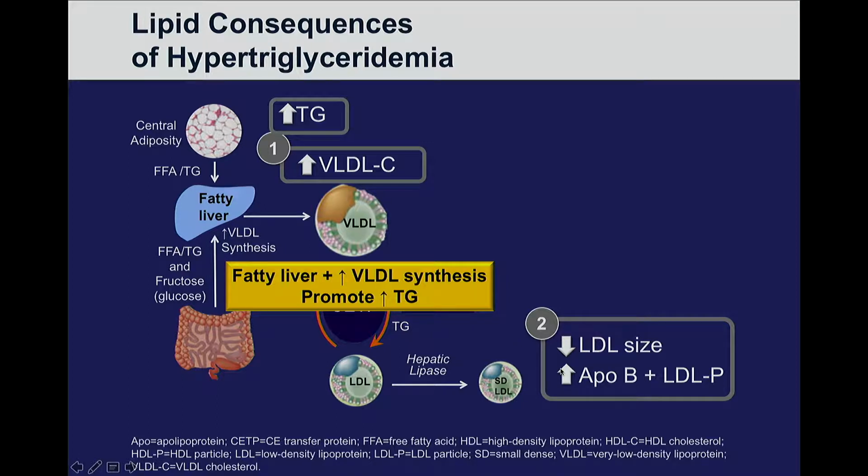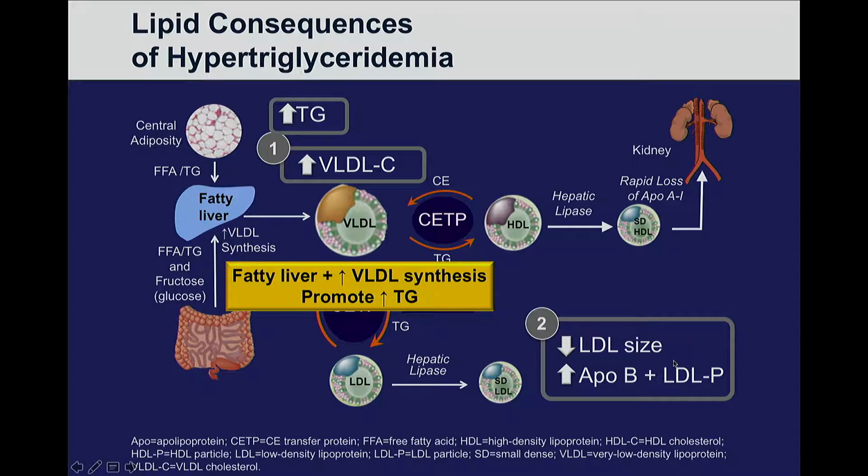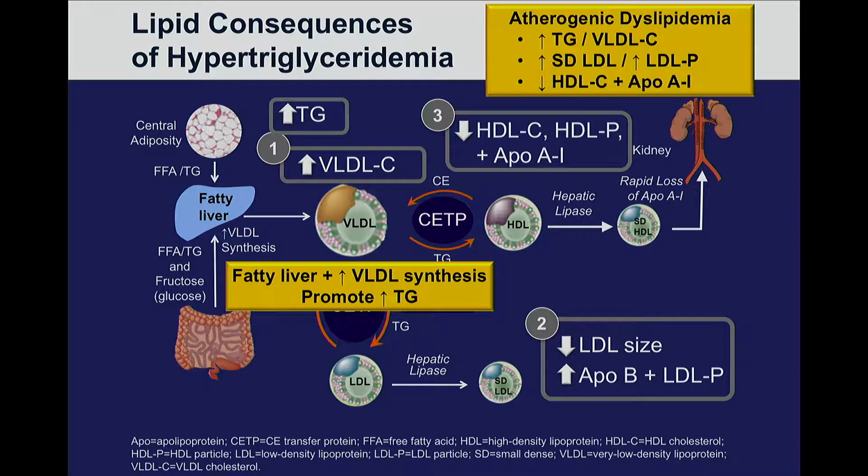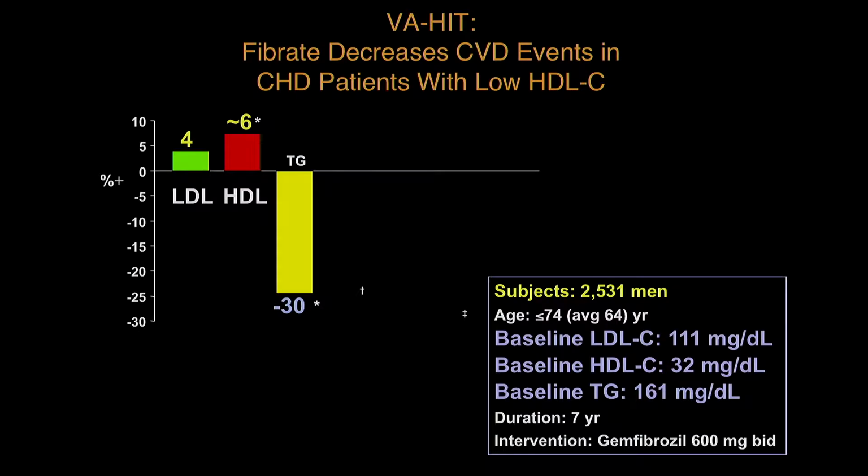As a result of small LDL size, you get higher ApoB levels and higher particle numbers. And one also sees changes in HDL, all of which might contribute to the atherogenic state that's thought to exist with this, with lower HDLs, and changes in HDL that may further complicate this picture.